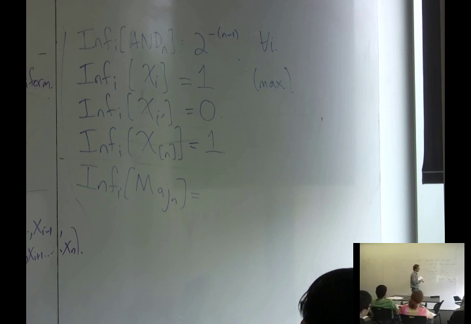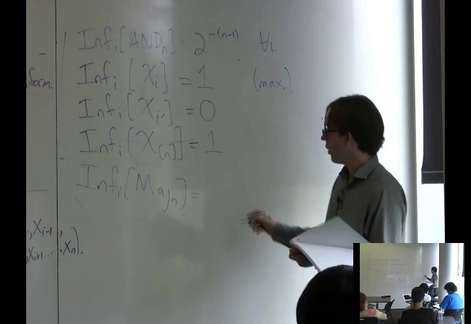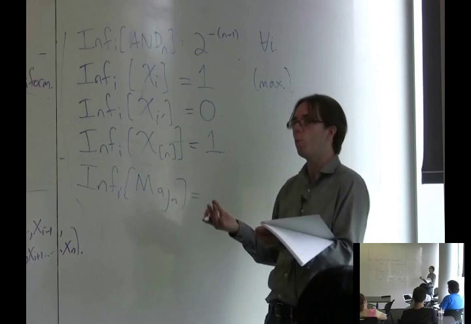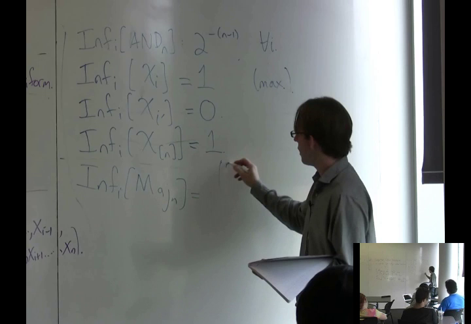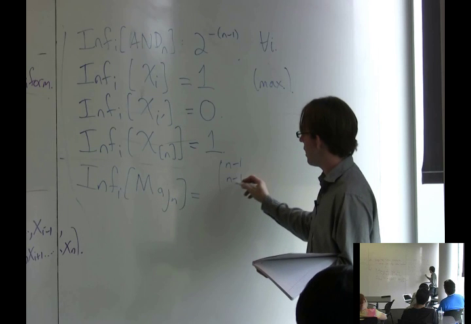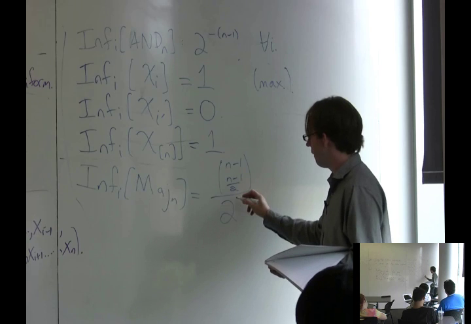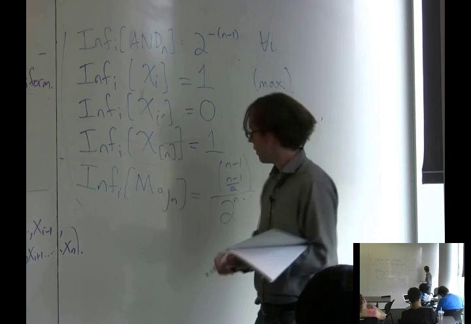That's exactly the scenario in which my vote makes a difference. And that occurs with probability, well, it's like you toss n minus 1 coins, and you're looking for the probability that you get exactly (n minus 1)/2 heads. So it's (n minus 1 choose (n minus 1)/2) over 2 to the n minus 1.